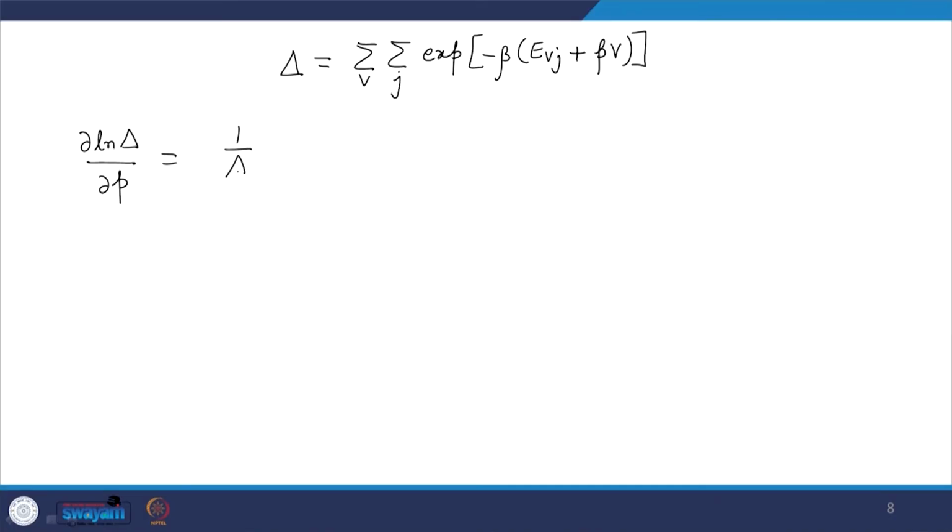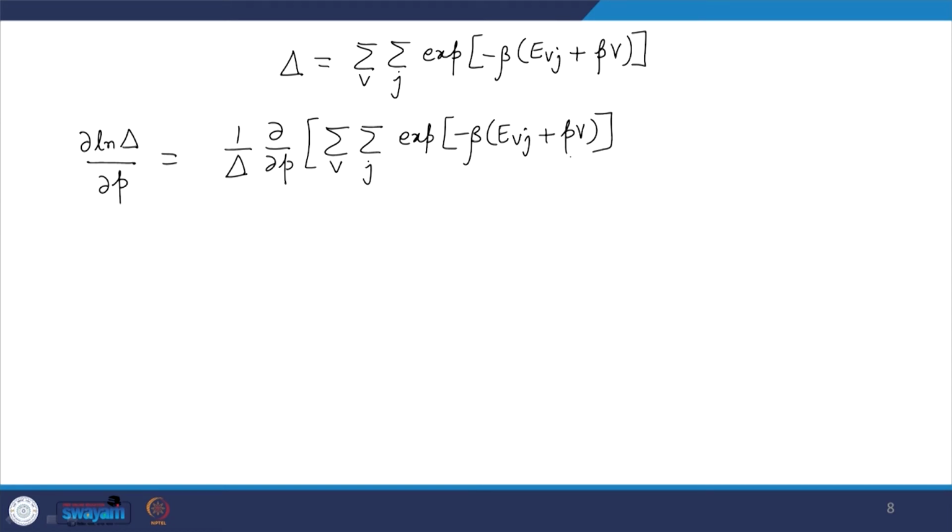So, this thing will be 1 by delta and dou by dou p of summation of V, summation of J, exponential of minus beta (E_VJ plus PV). So, let me write what the delta is in this case.